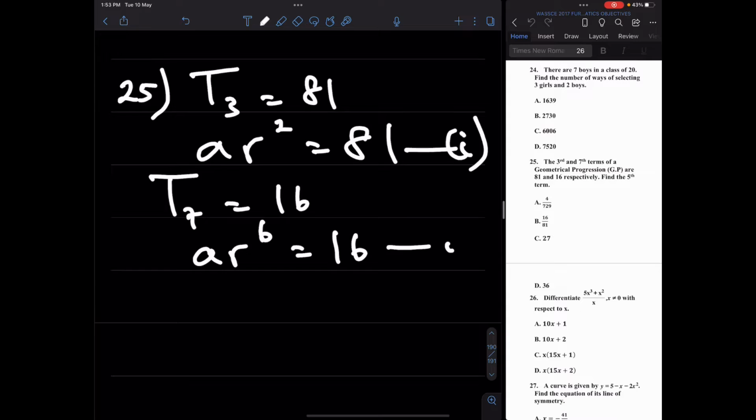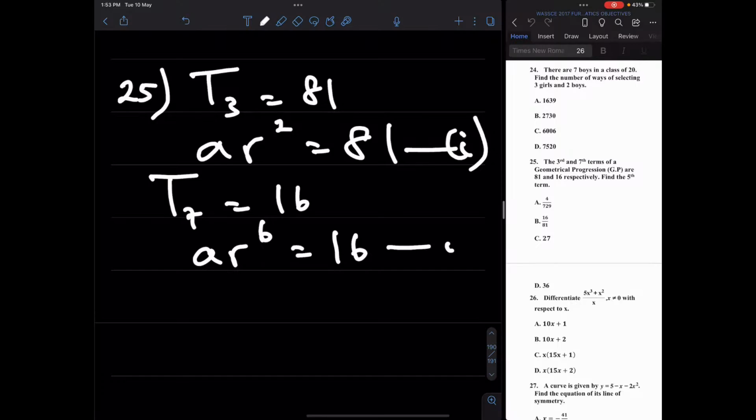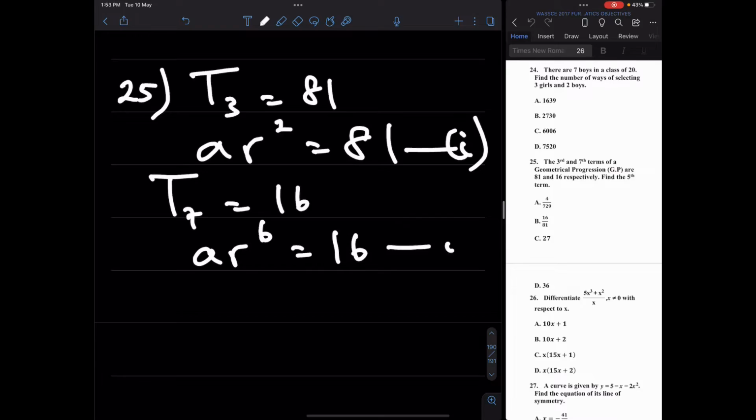So that's what I'm going to use to find A. 81 divided by the square of 2 over 3. The square of 2 over 3 is 4 over 9. And 81 divided by 4 over 9 is the same as 81 times 9 over 4, which is 729 over 4.